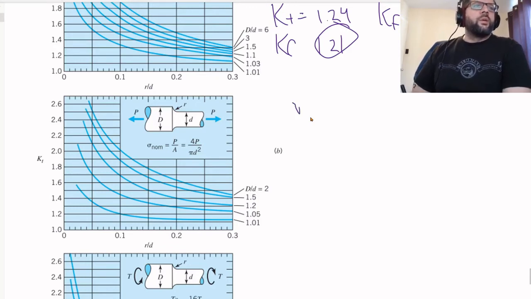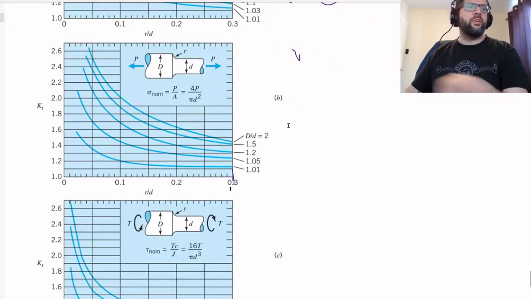All right, so again, we're going to be looking at where it comes off the graph here, and we are looking at a d over d ratio of 1.12.